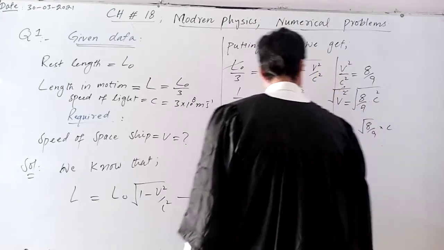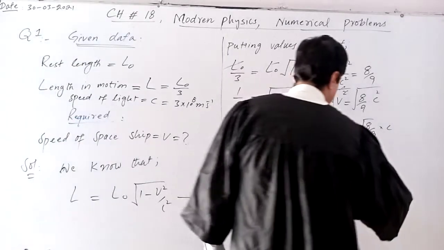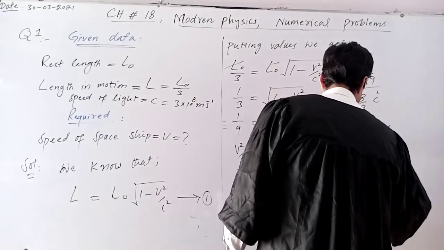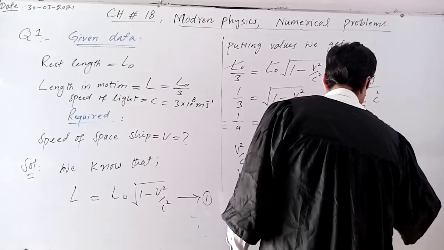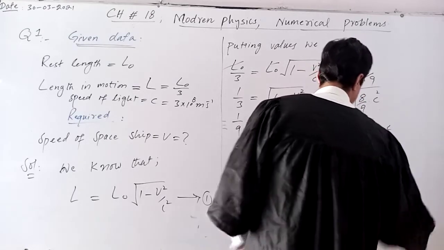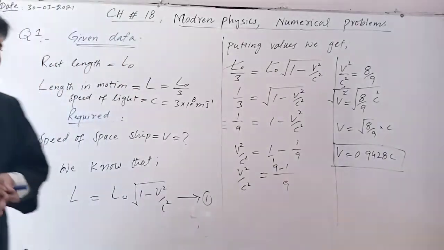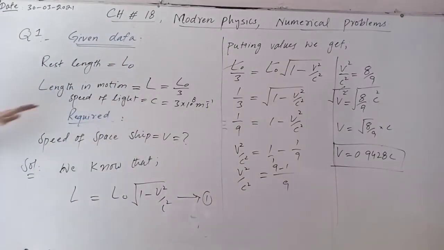The root value of 8 divided by 9 is approximately 0.9428. So v equal to 0.9428 c, where c represents speed of light. So this is the required speed of spaceship when it is traveling with a speed comparable to the speed of light.